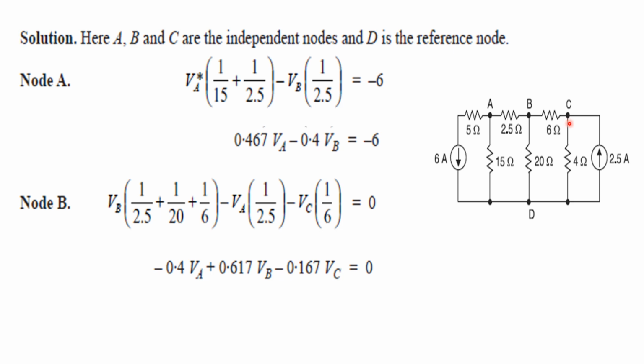Similarly, minus VC into 1 by 6 for this resistor. This is the node equation at this node. After simplification, minus 0.4 VA plus 0.617 VB minus 0.167 VC equal to 0.